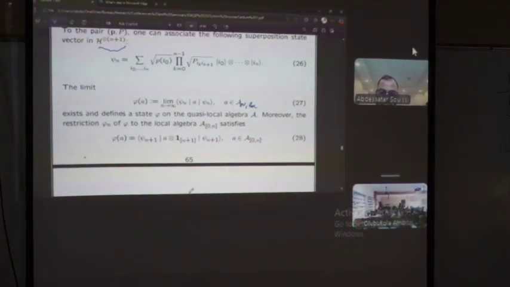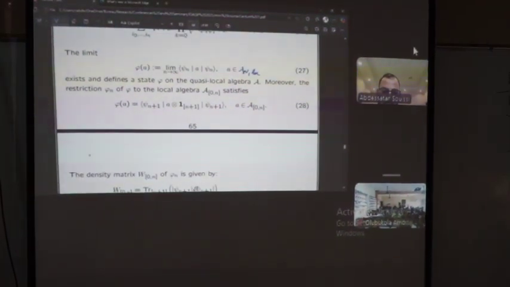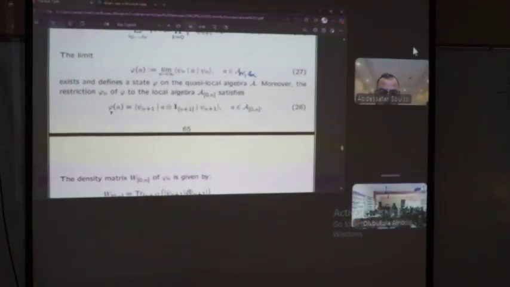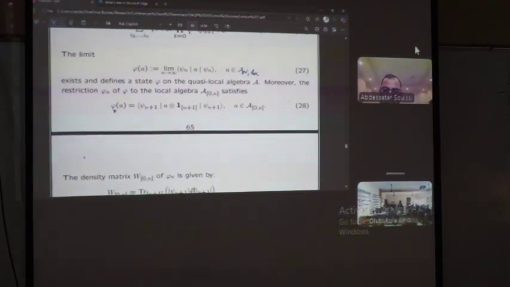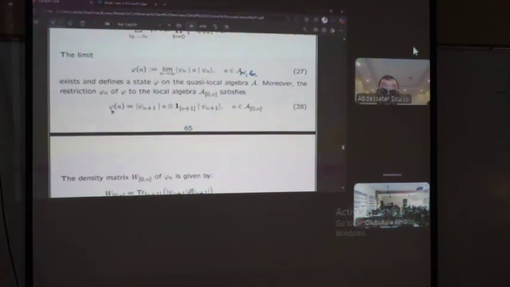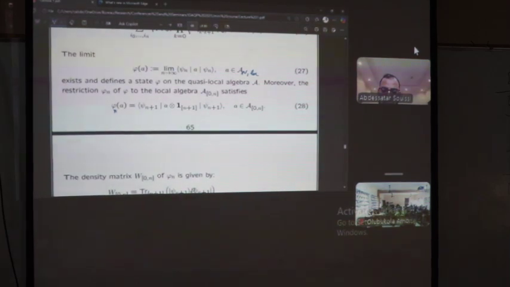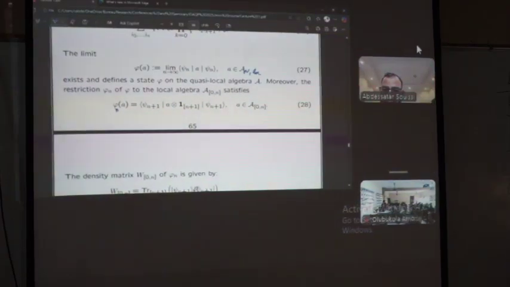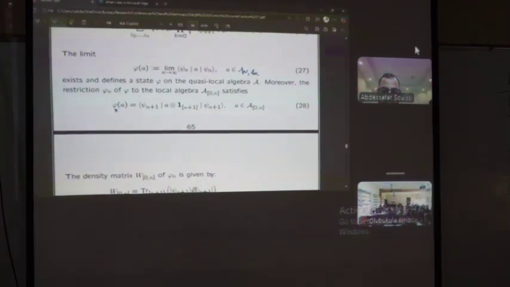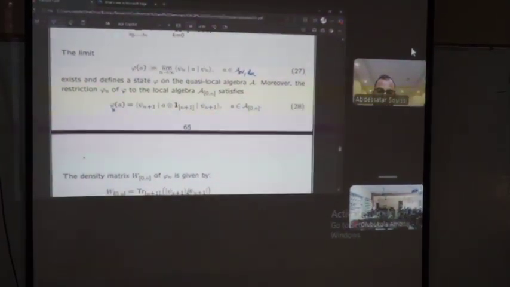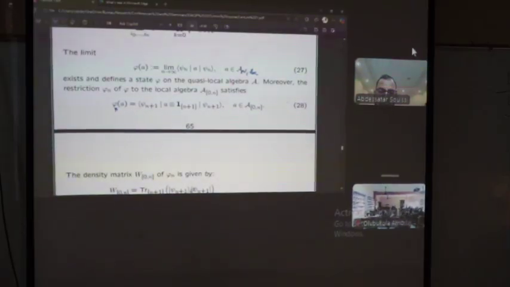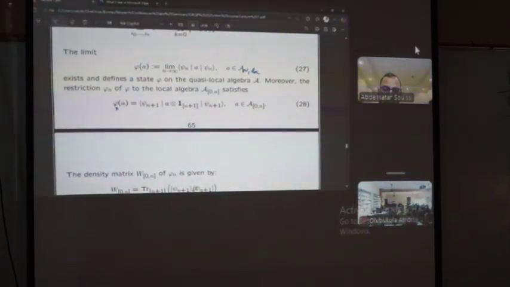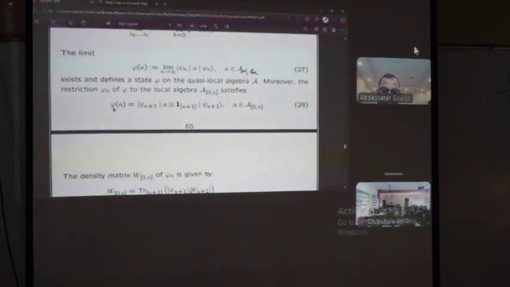Then we extend this as follows. Here we define the state phi n to be this state: phi n of A is the expected value of A on the vector psi. And we want to construct the limiting state phi using this sequence.